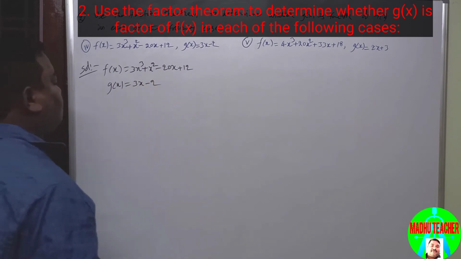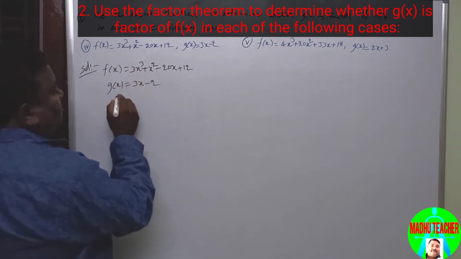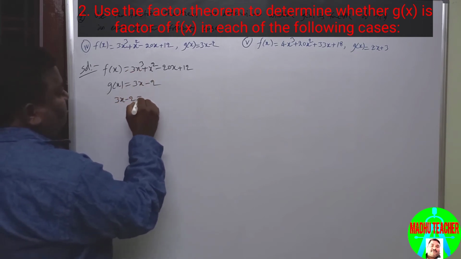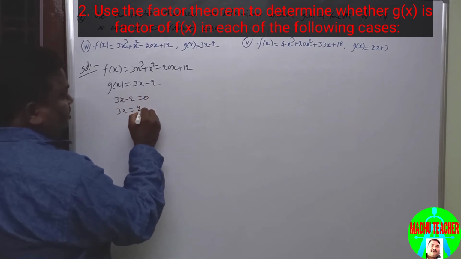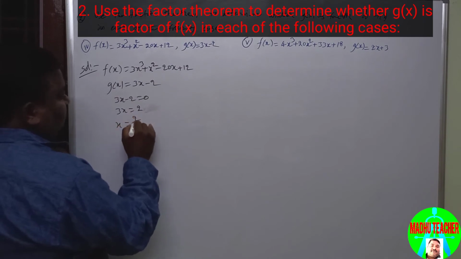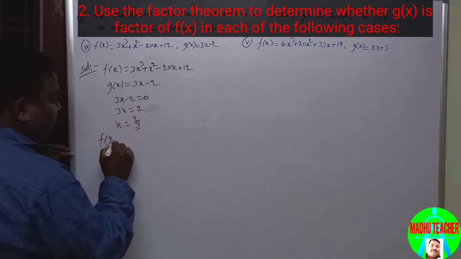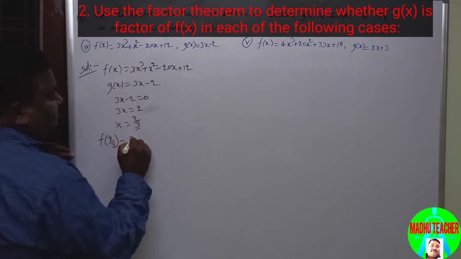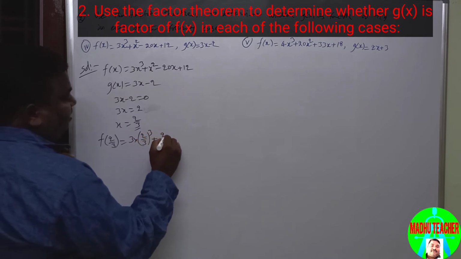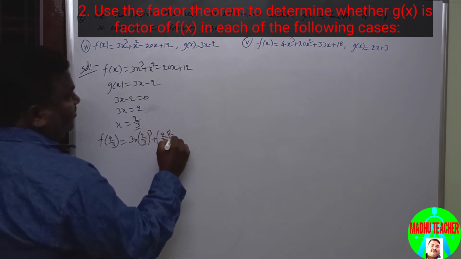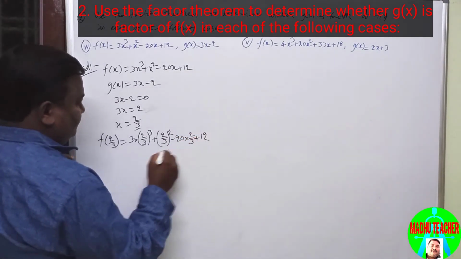To determine whether it is a factor of this, you have to find the zero value. 3x equal to plus 2, x equal to 2 by 3. So you have to find f of 2 by 3, that is 3 into 2 by 3 whole cube plus 2 by 3 whole square minus 20 into 2 by 3 plus 12.